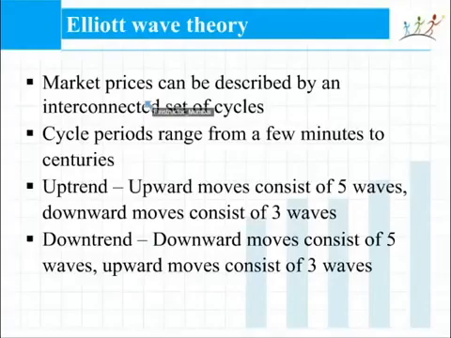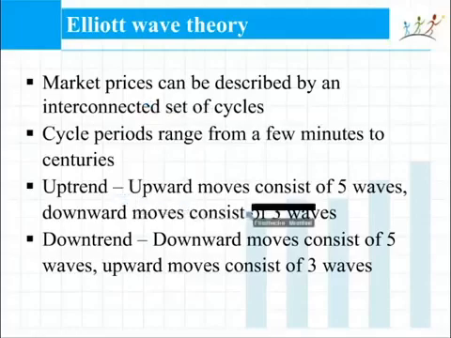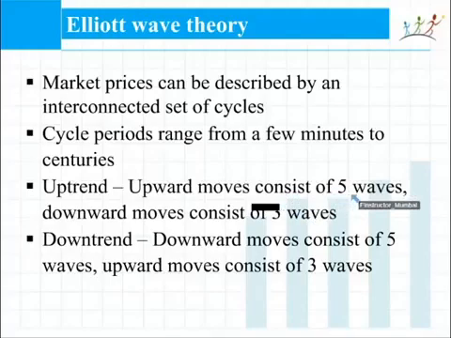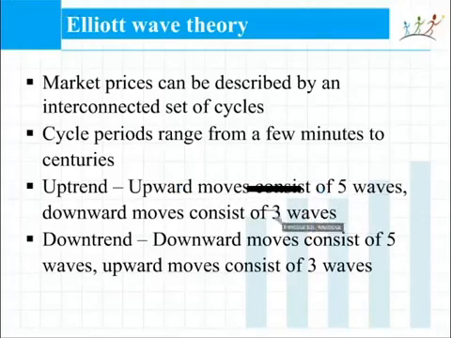According to the Elliott wave theory, an uptrend consists of 5 upward waves, whereas the downward move consists of 3 waves. In a downtrend, the downward move consists of 5 waves, whereas the upward move consists of 3 waves.